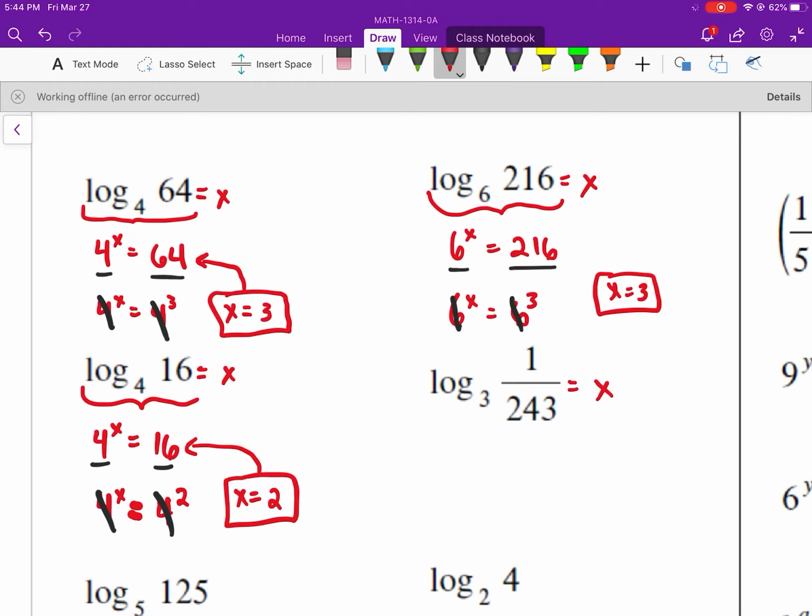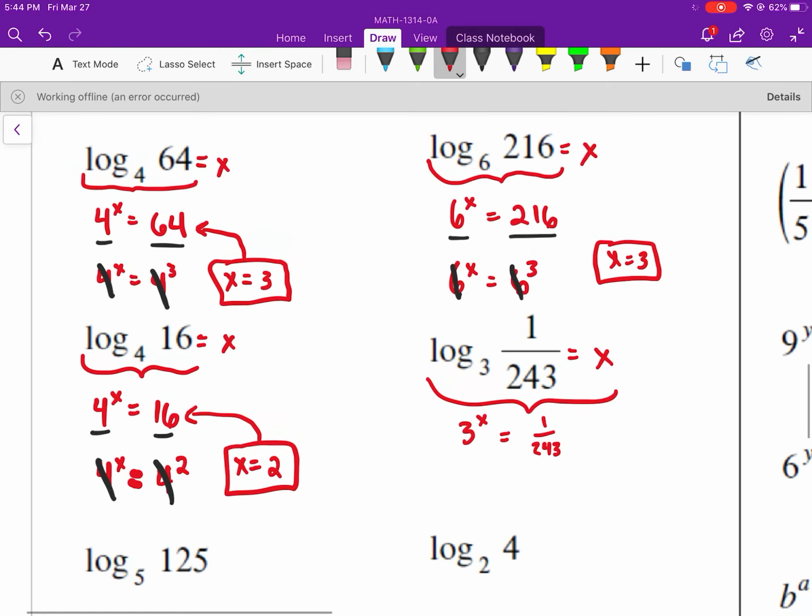Alright, now, look carefully at this next one here because we happen to have a fraction here, okay? So again, our first step here is to convert this to an exponential. So 3 to the x power equals 1 over 243. Alright, now, most of us don't like fractions, okay?